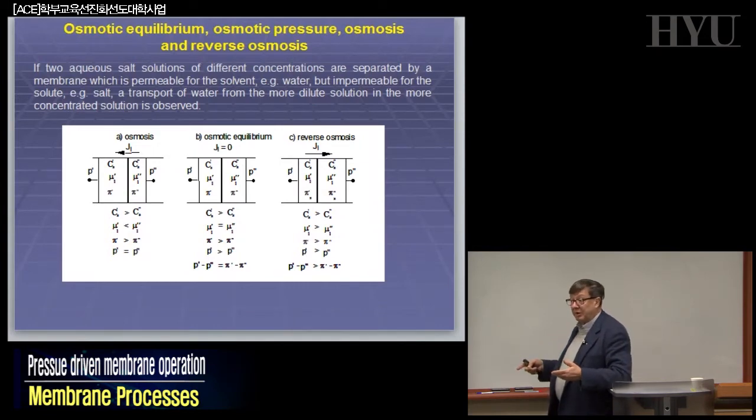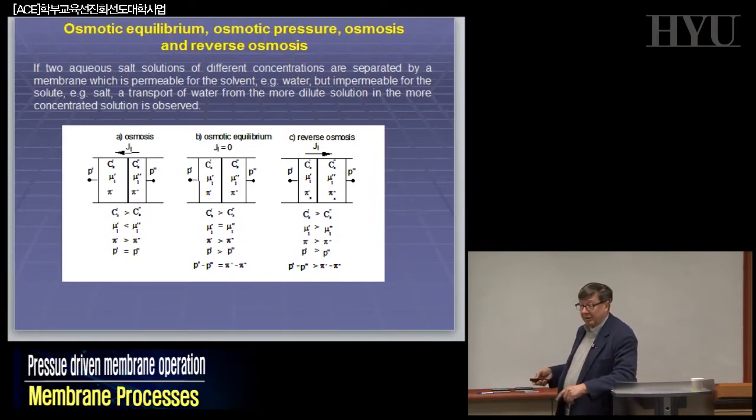If the membrane is not present, this situation would be easy, approaching equilibrium just by mixing. If there is no membrane, or if the membrane has big holes, there will be convection and the system will reach equilibrium chemical potential quickly. If there is a membrane with high selectivity, it does not happen. The only way is that some water will move from the more diluted to the more concentrated, trying to arrive at this kind of equal chemical potential on both sides.